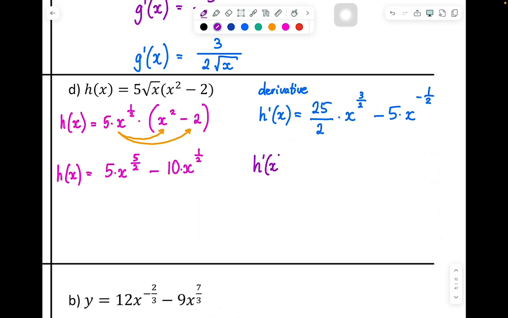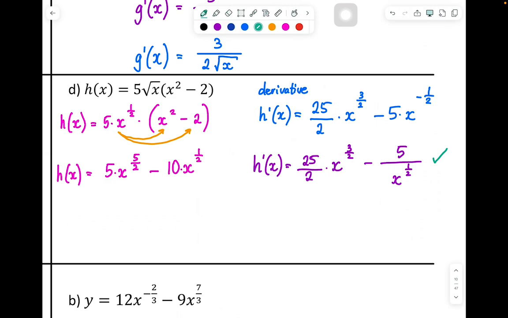We can just re-express this here as positive indices. So this x to the power of negative a half jumps the line and it goes into the denominator. And the final step, and this is optional, you may stop here if you wish.